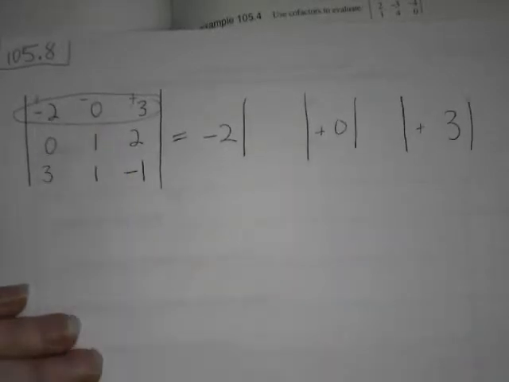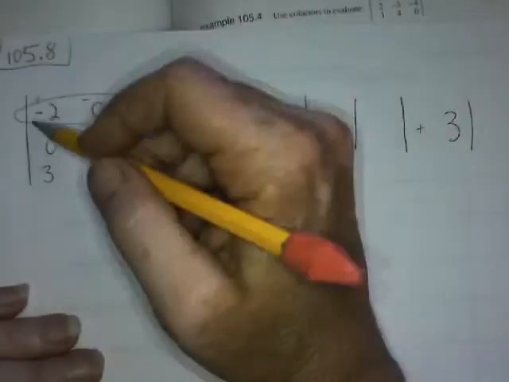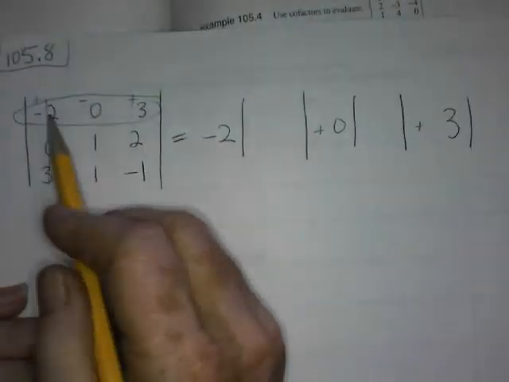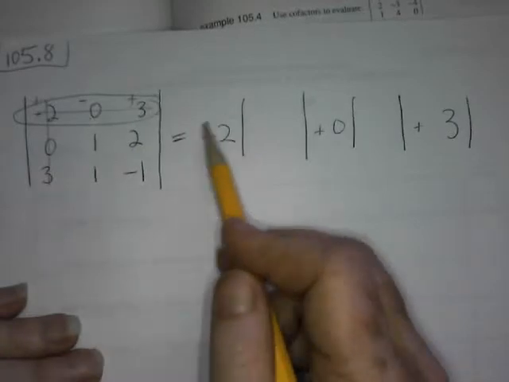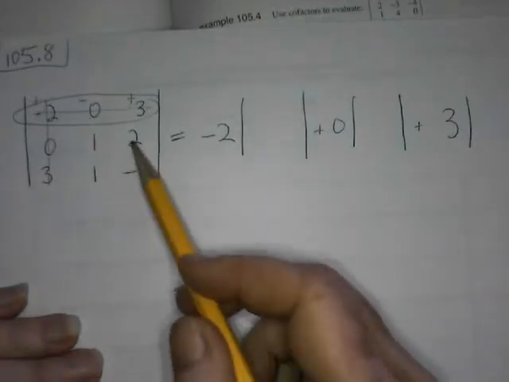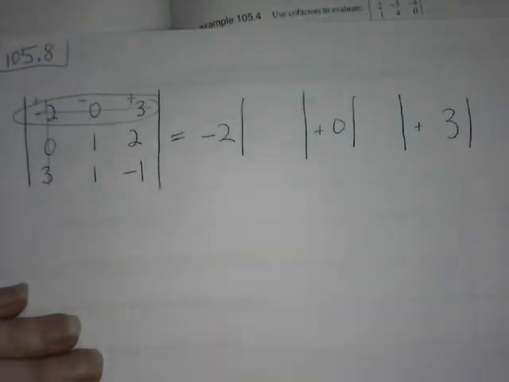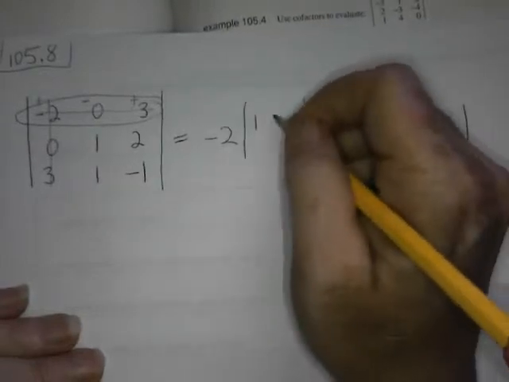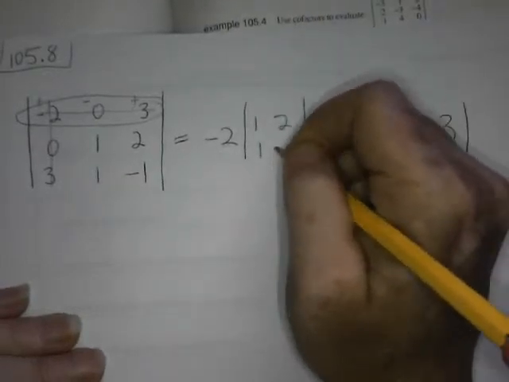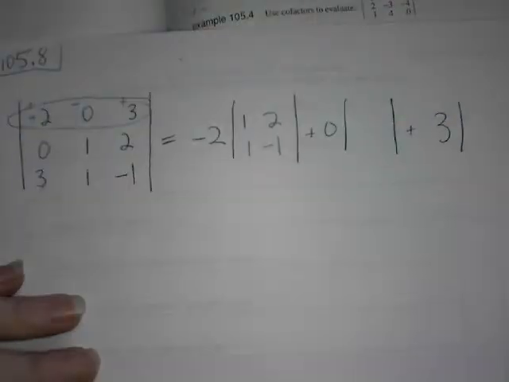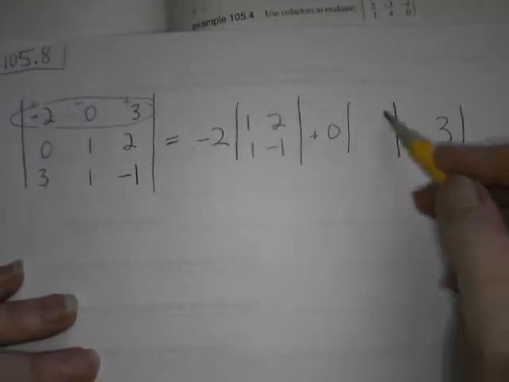The matrix that goes with my -2 can be found by simply crossing out the row and the column of the -2. See what I got? I got something left there: 1, 2, 1, -1. See, that's nice and easy. Does it really matter what goes in here?